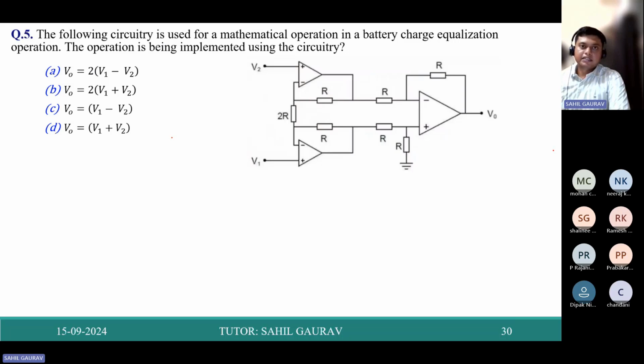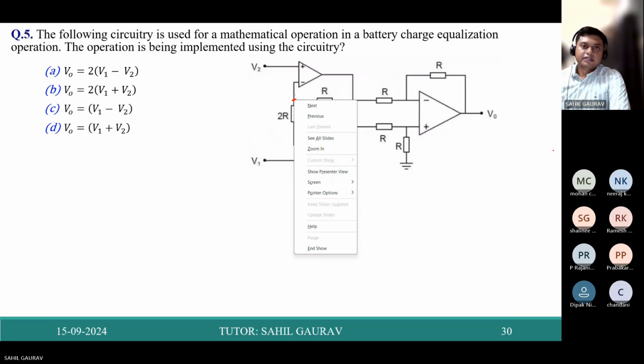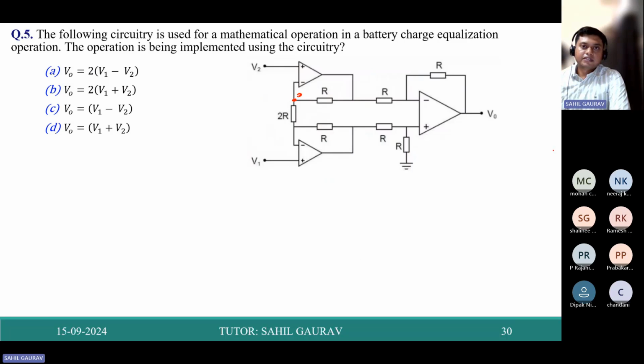Let us take this point as x. At node x, this will be the V2 voltage, using virtual ground, and this one is the V1 voltage.